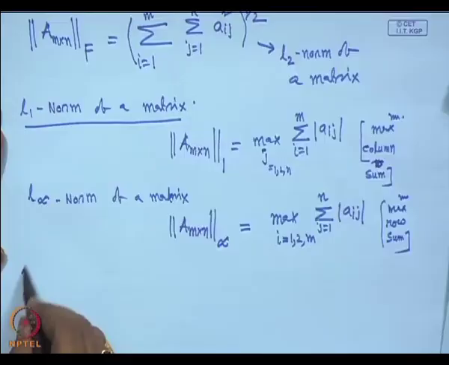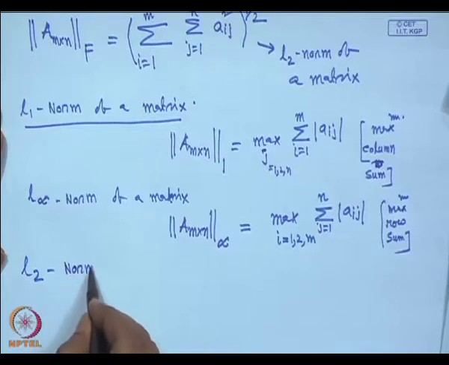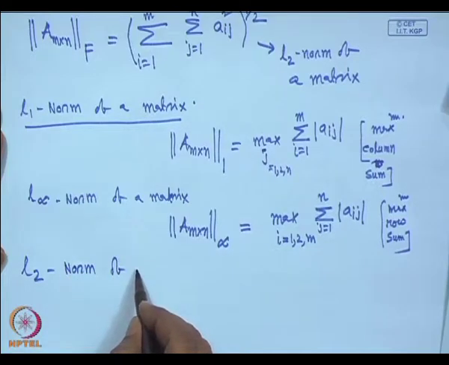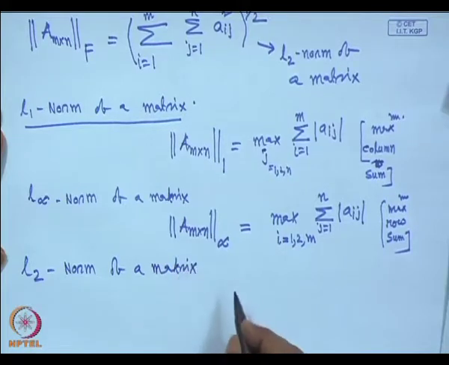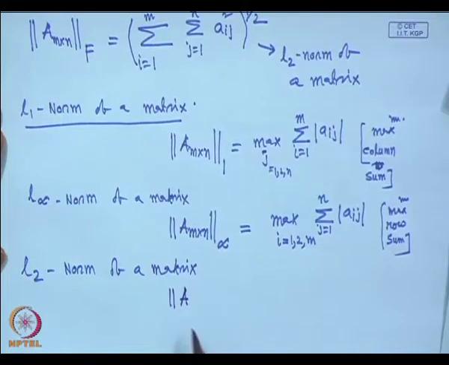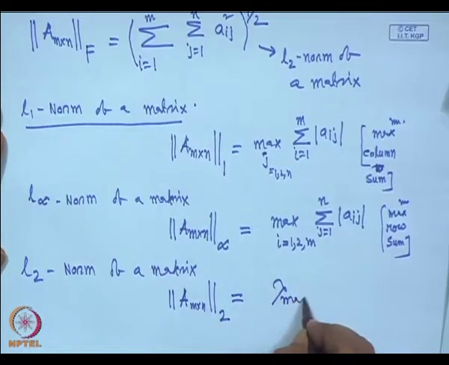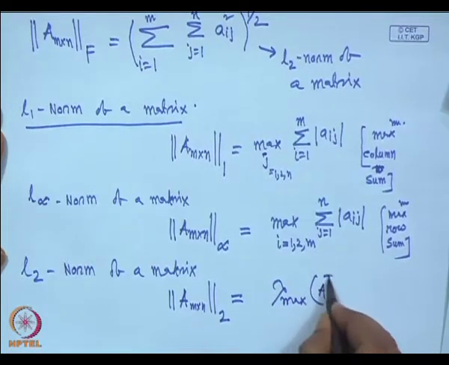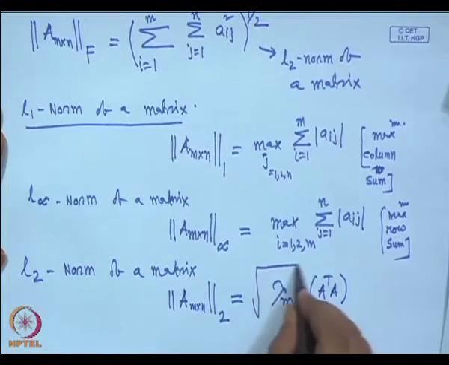Next is the L2 norm of a matrix, which is defined as the norm of A m cross n with subscript 2, equal to lambda max of A transpose A, then the square root of that.